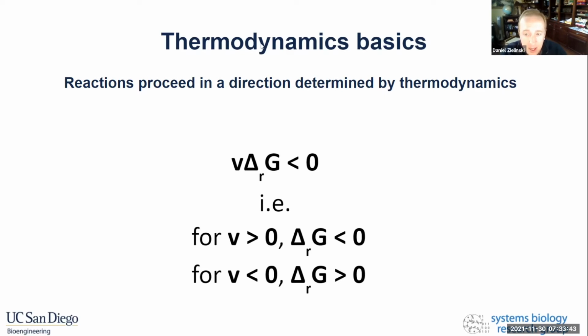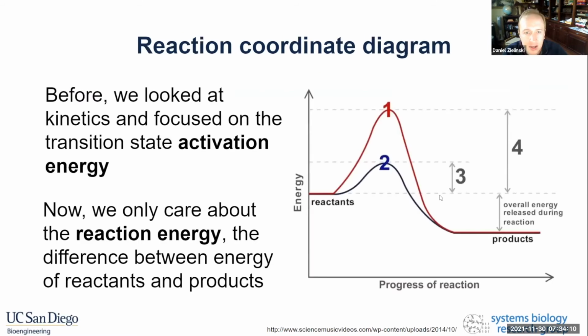And a succinct formulation of that is that whatever the sign of your V is, so if your V is positive, then delta G has to be negative. Or if your V is negative, so if your reaction is going in the reverse direction, your delta G has to be positive. So in other words, your Gibbs energy of a reaction determines the direction that your reaction is going in. So what is a Gibbs energy?